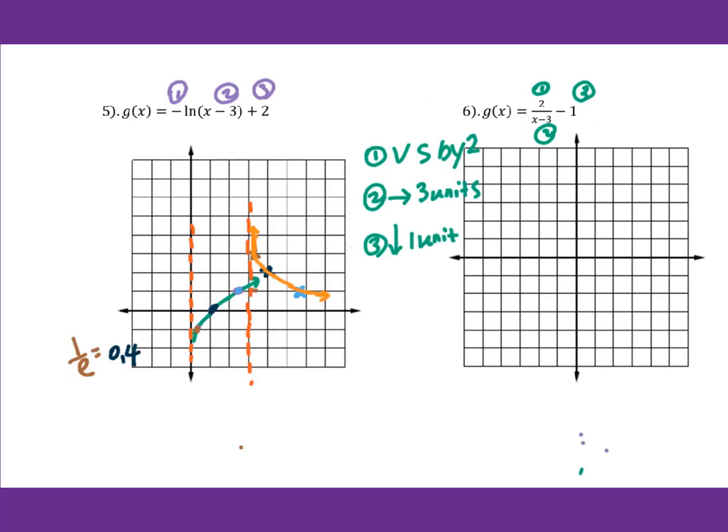The parent function is y equals 1 over x. You will get the points for x: 1/2, 1 and 2. So you get 2, 1, 1 over 2. Then you put plus, minus, plus, minus.